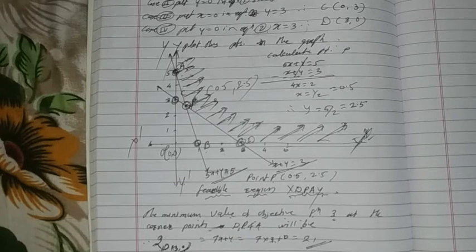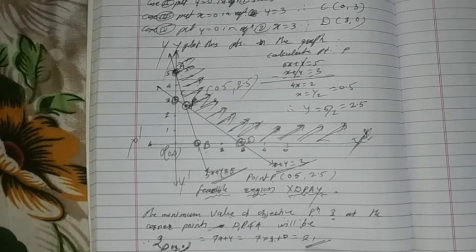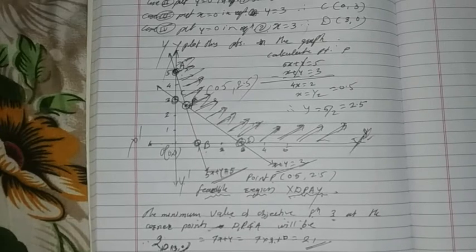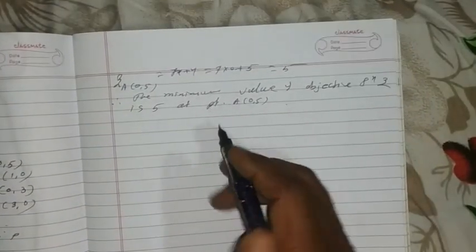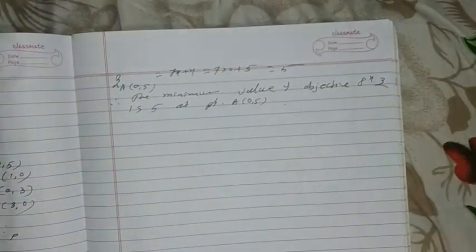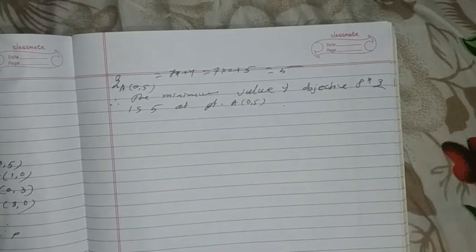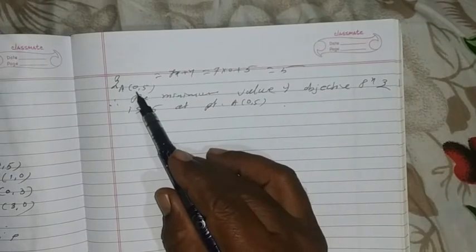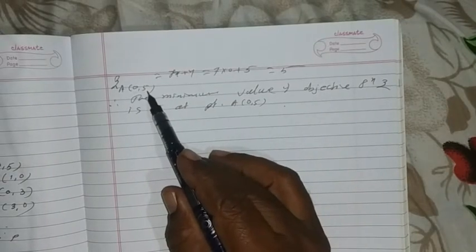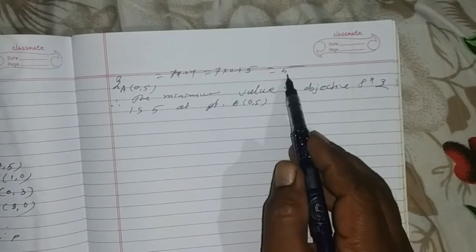Put these values in this objective function, then we get 6. The next, z at point A: we take 0 as x, 5 as y. Therefore we get the value 5.